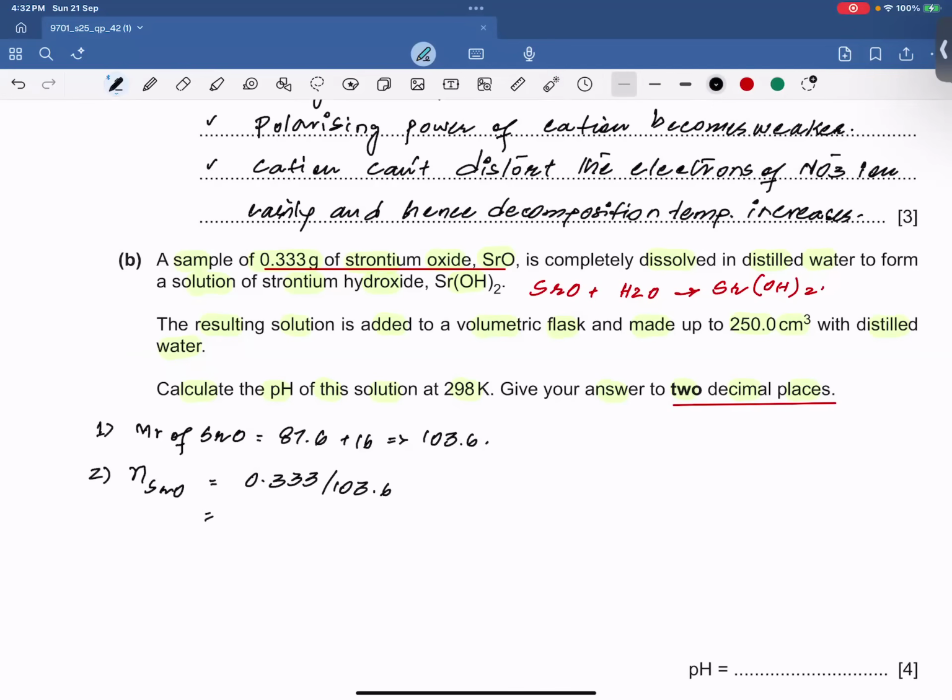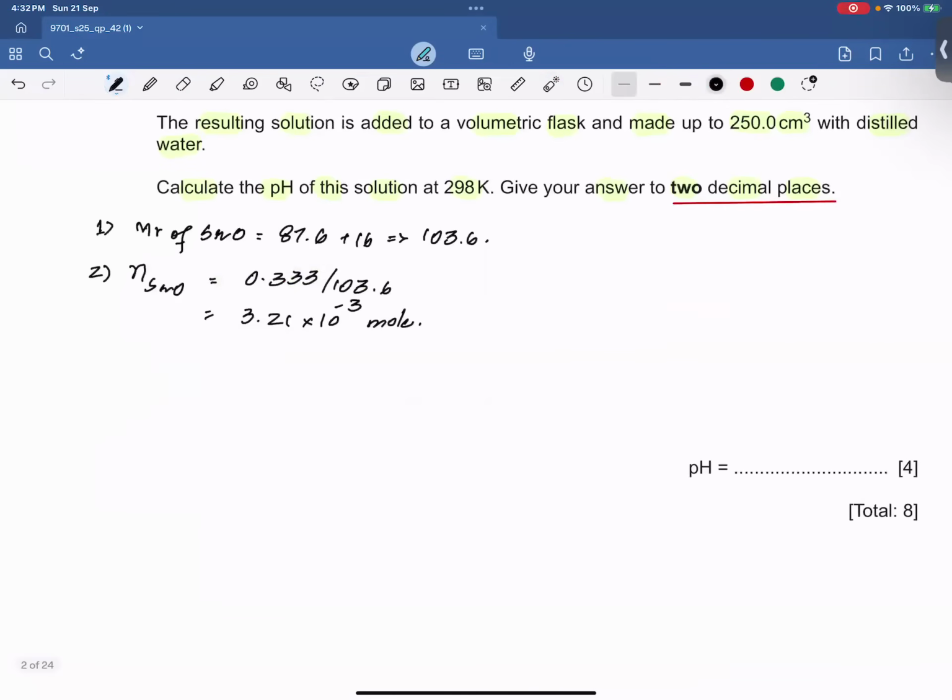So it's going to be 3.21 × 10^-3 moles. All right. I'm going to use this equation, obviously. So let me write it down here.